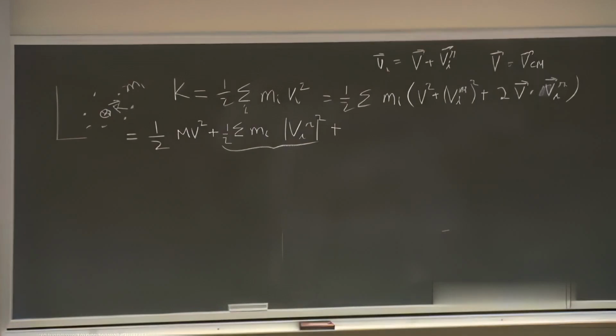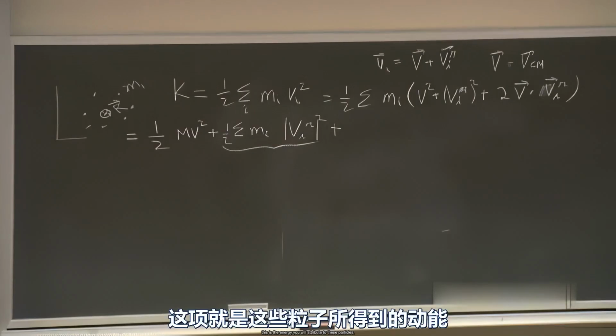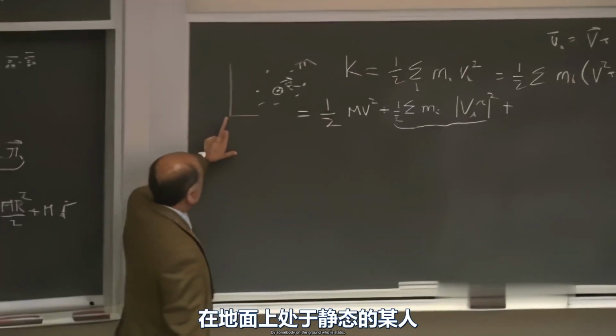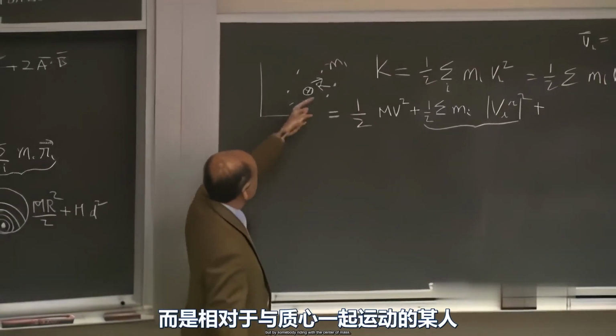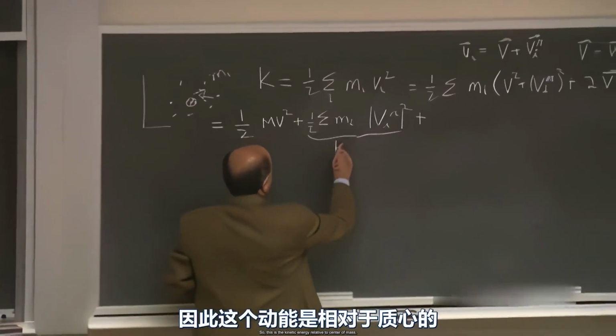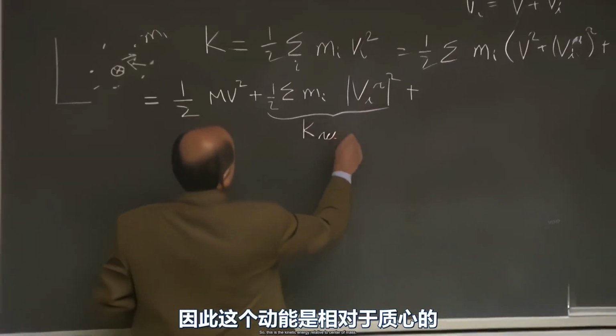The kinetic energy of the objects relative to the center of mass? Yeah, by that it means if you are really traveling with the center of mass and you made a measurement on how fast everybody is moving, this is the energy you will attribute to these particles. It's not the kinetic energy as seen by somebody on the ground who is static, but with somebody riding with the center of mass. So this is the kinetic energy relative to center of mass.